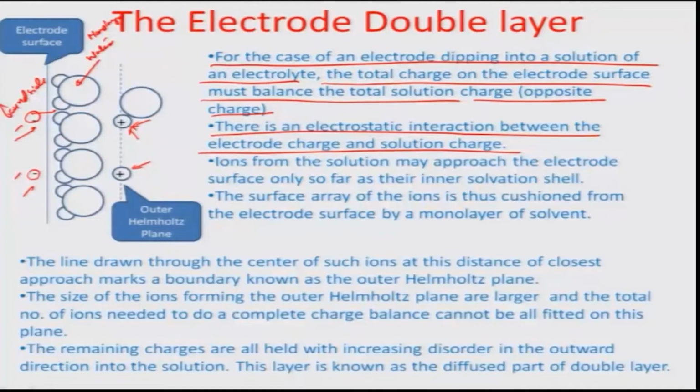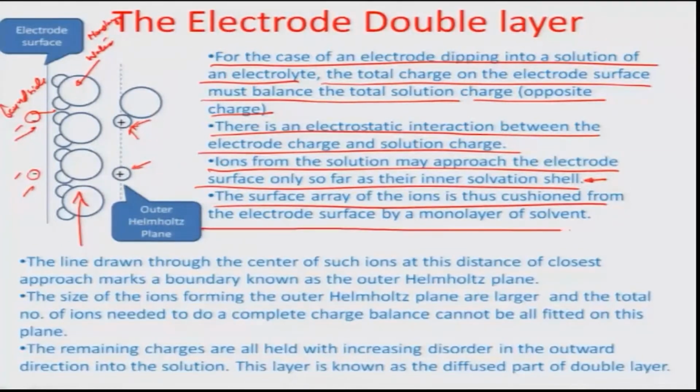Ions from the solution may approach the electrode surface only so far as their inner solvation shells allow them to be. This is the solvation shell we were talking about, because of which there is always a monolayer of water, a membrane of water, which comes between the ion and the negative charge on the electrode, and the surface array of ions is thus cushioned from the electrode surface by a monolayer of solvent.